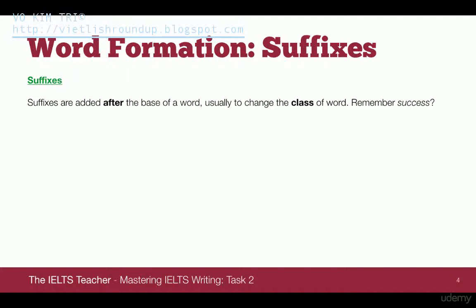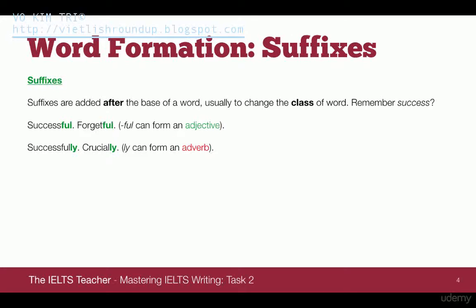And these suffixes are usually added to change the class of word. So remember the word success. Think about this. Success, we could add full onto the end of success. That's our suffix, full. So if we add full onto the end of a word, we can often form an adjective. Successfully, crucially.